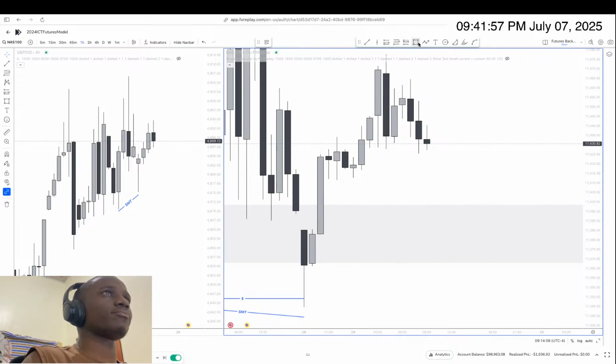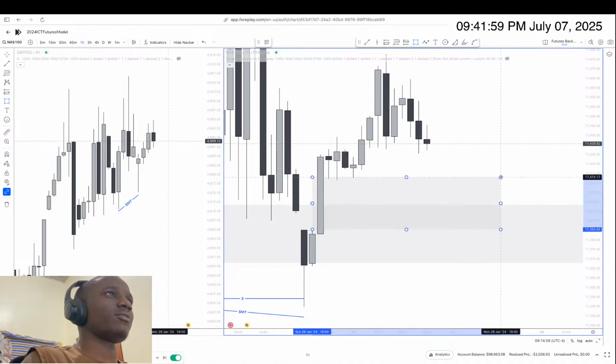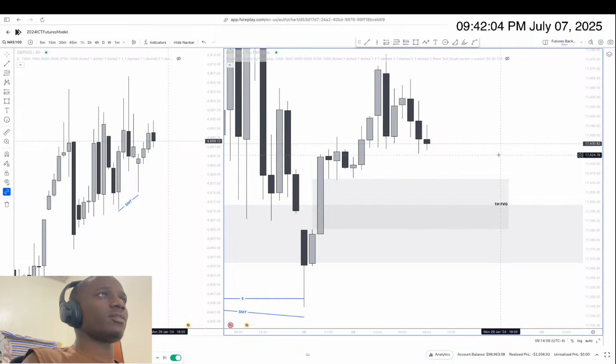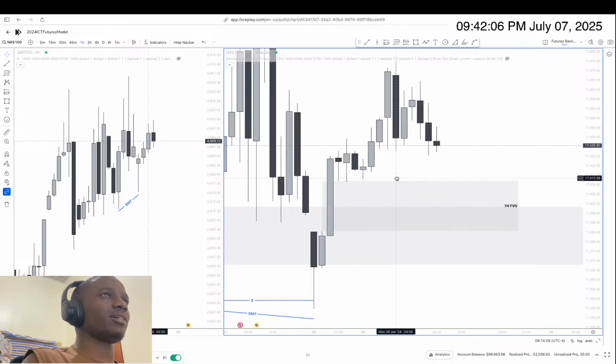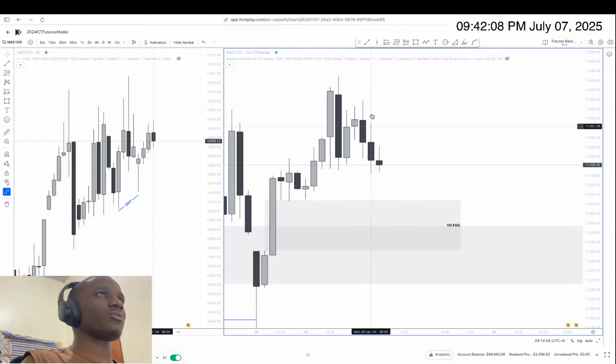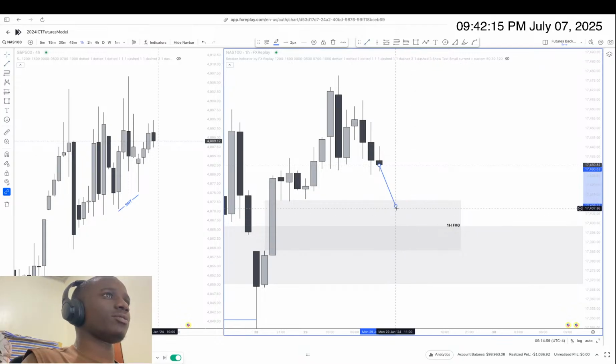Now going into the 1 hour, you can see that we also have some other areas here of another fair value gap, 1 hour fair value gap. And in this 1 hour fair value gap, the reason I marked it out is because we have Asia lows lying here. So it can be possible that if you want to move higher, this might be our draw on liquidity, where we take out these lows and then continue to the upside.